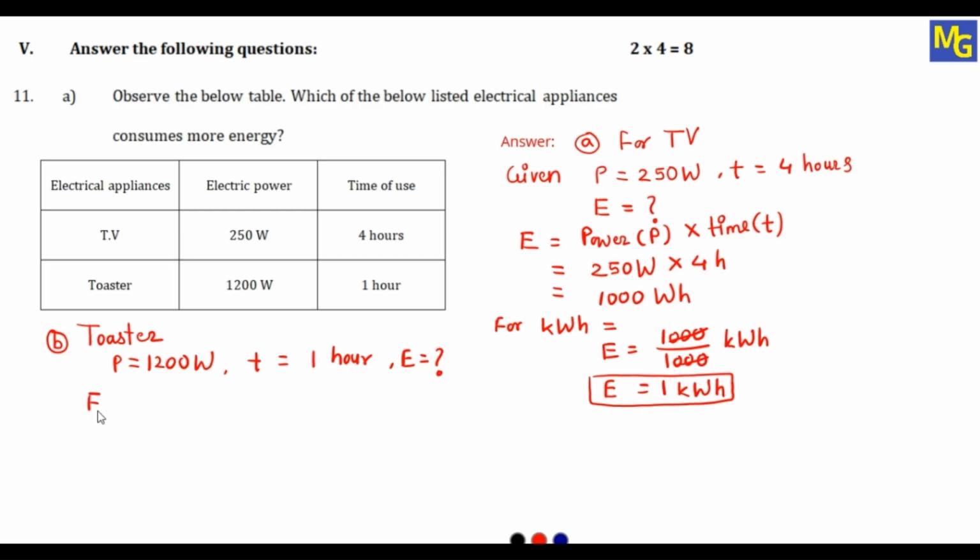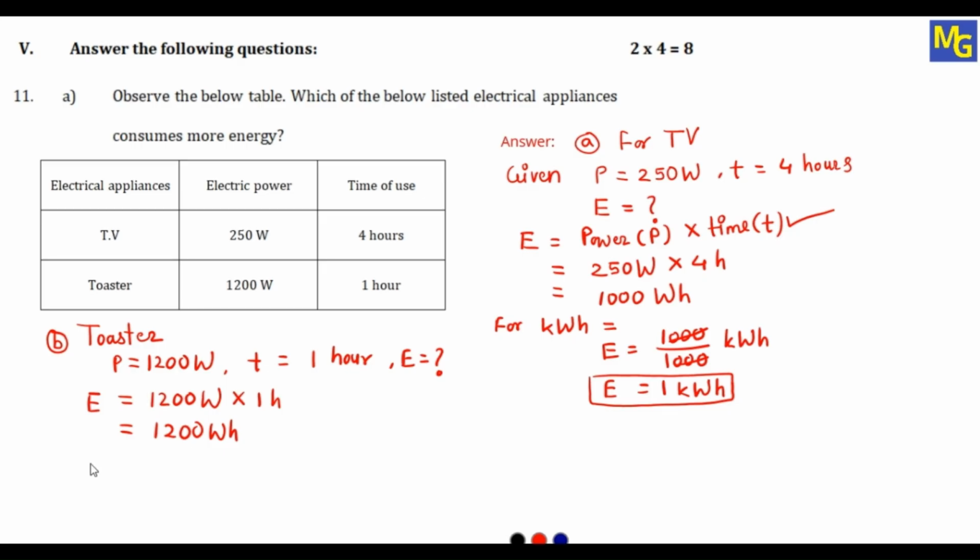Now use the formula. E equals, already we have written the formula here. What is our power? Power is 1200 watt, into time, 1 hour. So the answer will be 1200 watt hour.